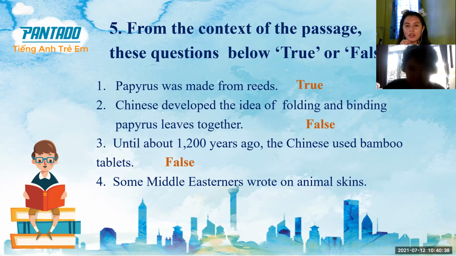What do you think is number 4? The Middle Easterners wrote on animal skins. That is true. Okay, very good. You got number 2, 3, and 4 correct.